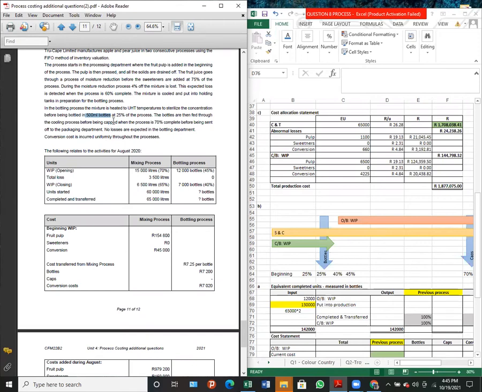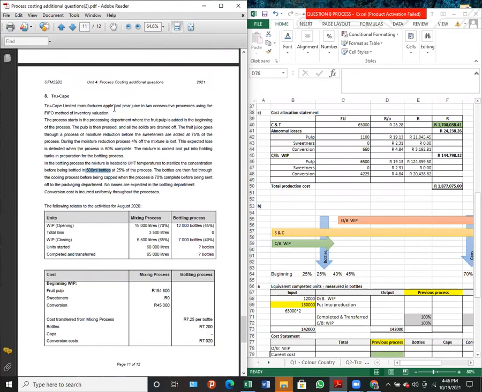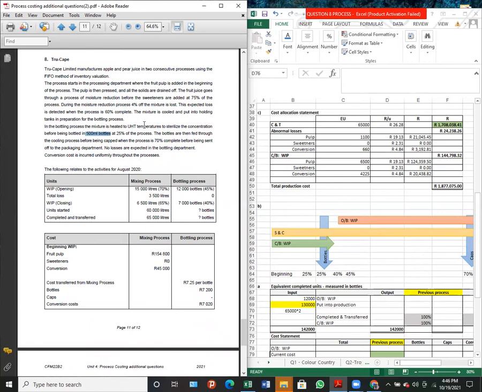Here we're making juice, fruit juice using apple and pear juice, and then there's mixing. After mixing is bottling, and then we use a 500 milliliter bottle.